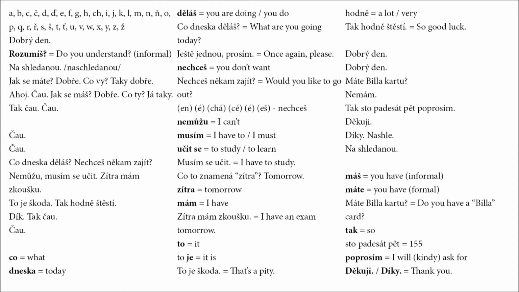Nemůžu. Musím se učit. But be careful. There's jet, and you're again reading it as jet. In the alphabet, the last letter, you read it as jet, and I corrected you.